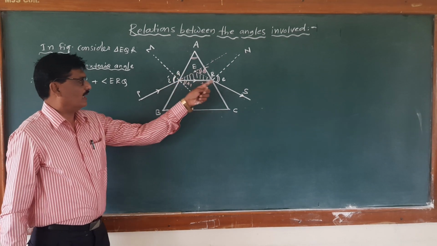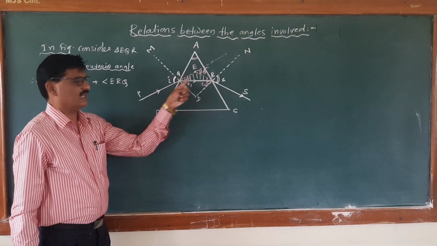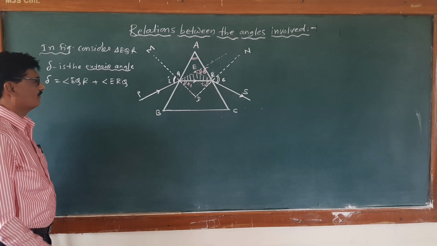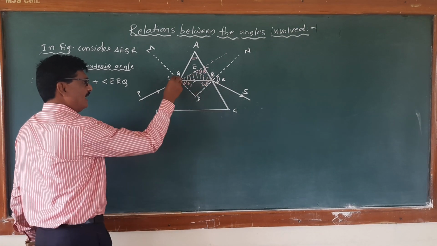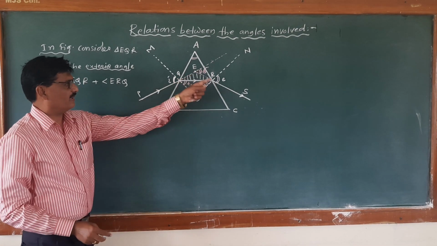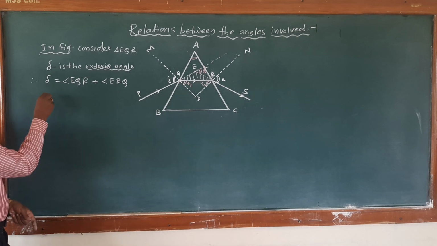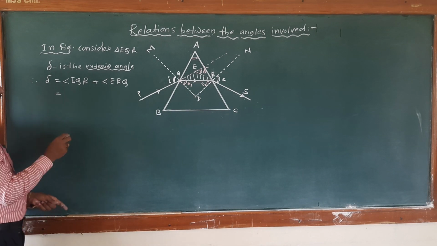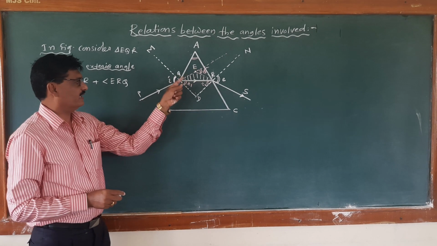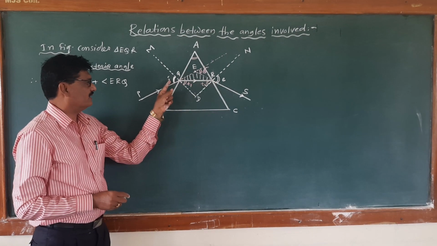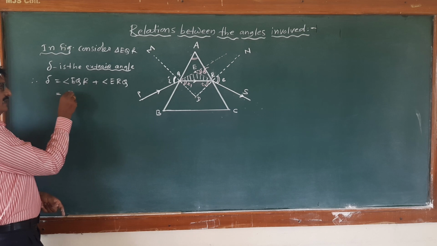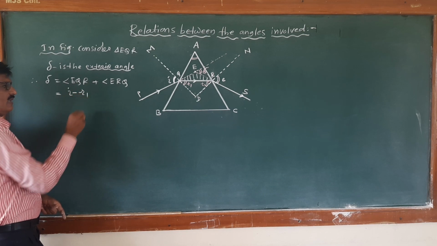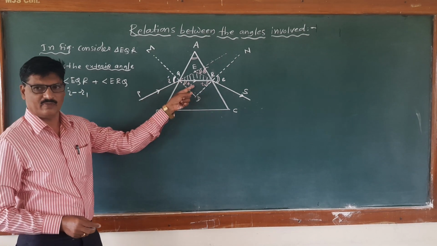Angle EQR plus angle ERQ. But in this case, in triangle EQR, I is the exterior angle, and therefore you can write, in case of angle EQR, exterior angle minus interior angle, and therefore I write here I minus R1.